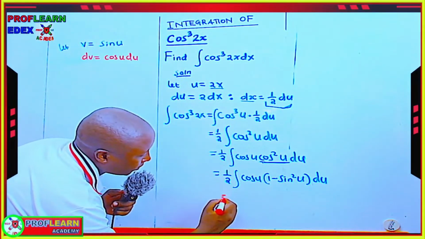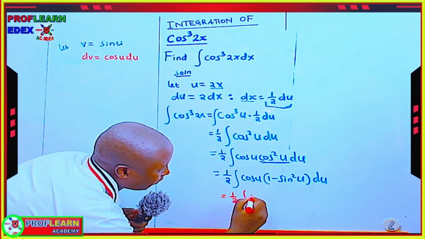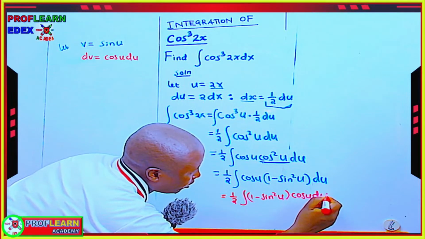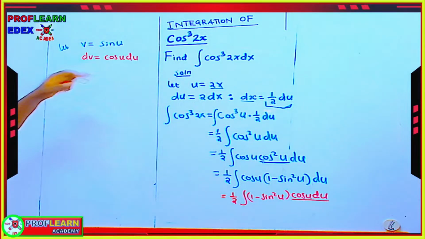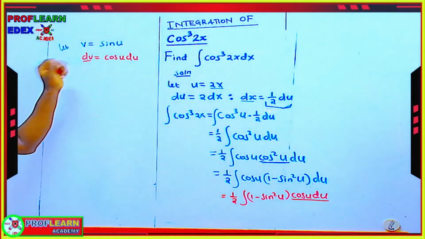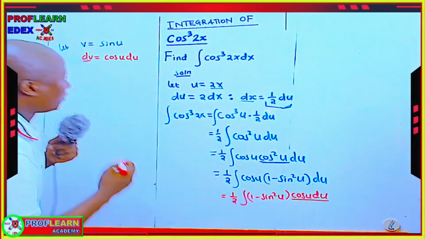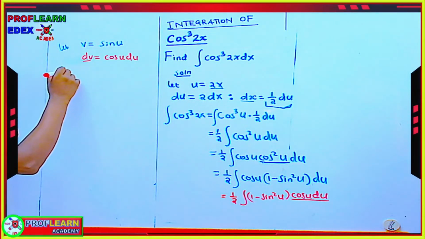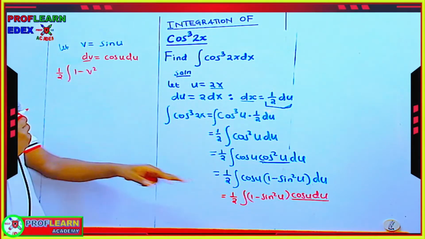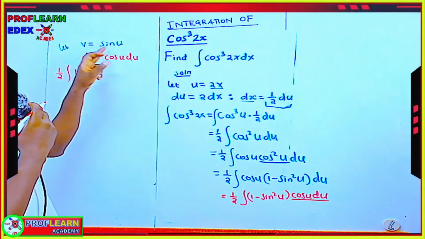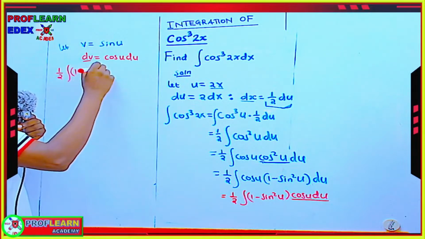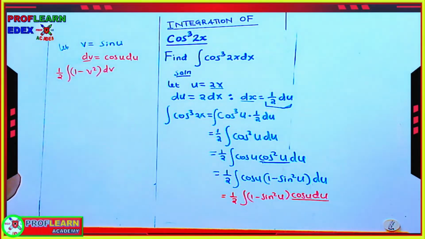We can write the expression as a half integral of 1 minus sine squared u times cos u du. This part is replaced with dv, and sine u with v. Therefore, this expression becomes 1 over 2 integral of 1 minus v squared dv, because sine u squared will be v squared.